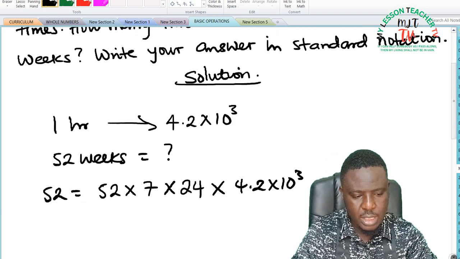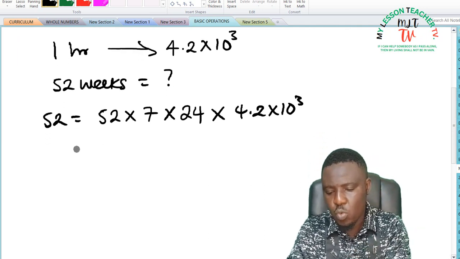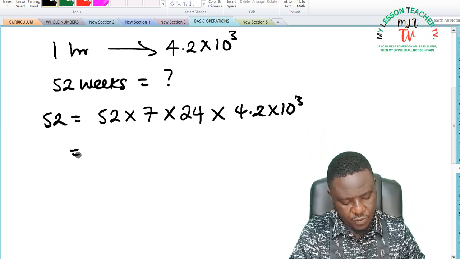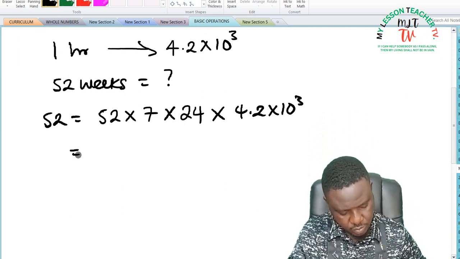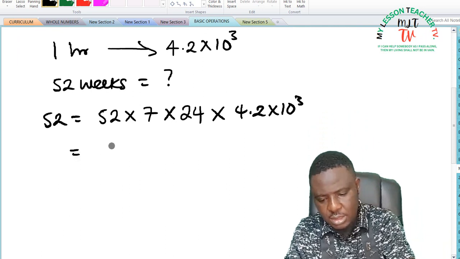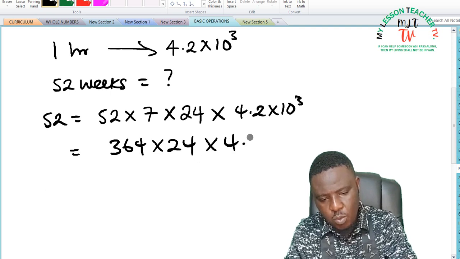So let's solve this. This will be equal to, in 52 weeks, we are going to have 52 times 7. So when you multiply 52 by 7, it's said to be 364. So 364 times 24 times 4.2 times 10 raised to the power of 3.